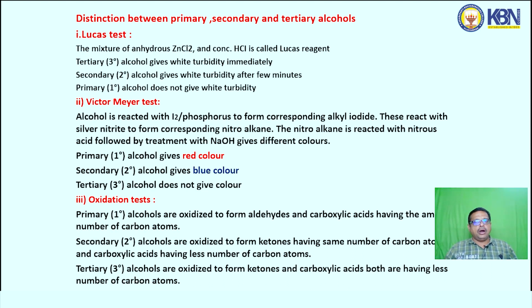When tertiary alcohol reacts with the Lucas reagent, it gives white turbidity immediately, whereas secondary alcohols, when reacted with anhydrous zinc chloride and concentrated HCl, give white precipitate or white turbidity after a few minutes.